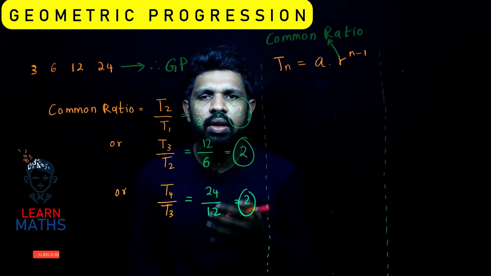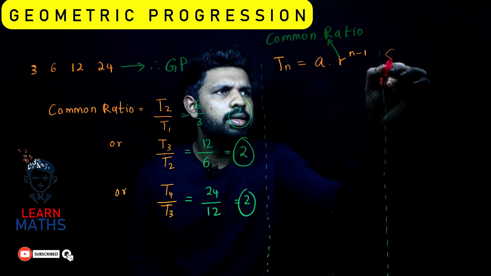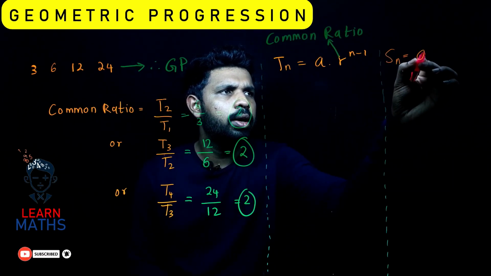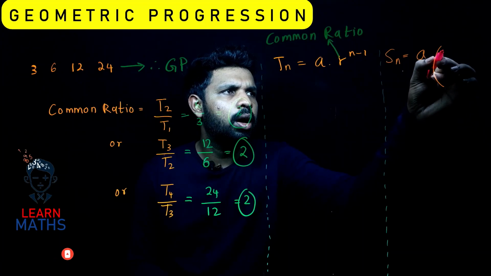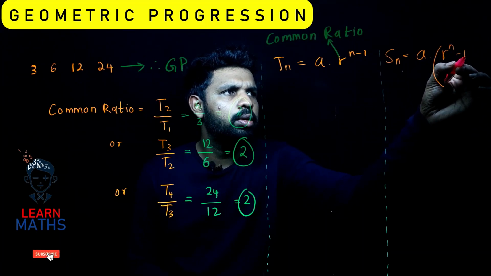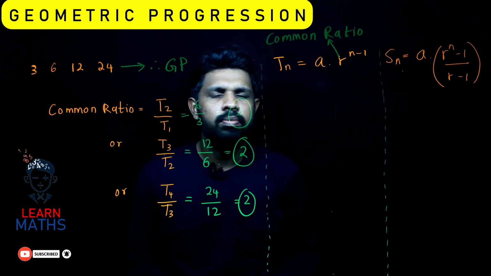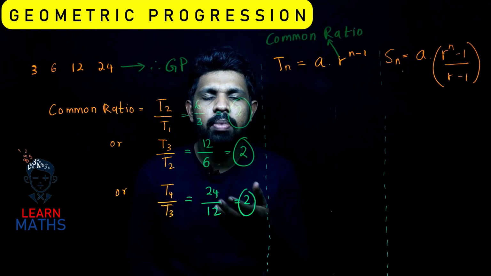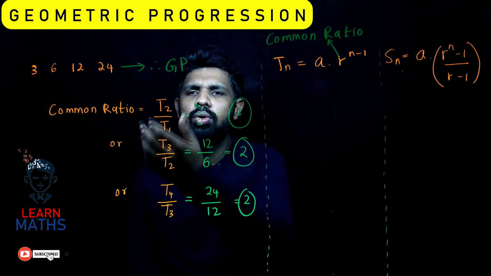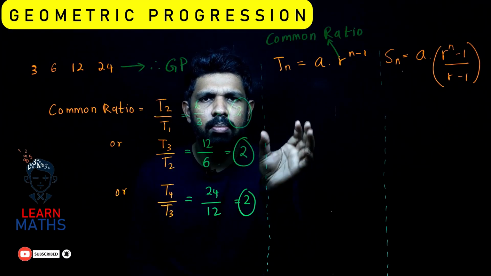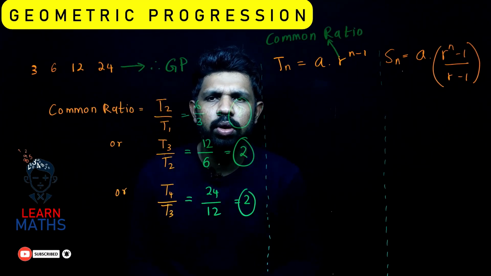And to find the sum, the formula is Sn equals A dot (R to the power n minus 1) over R minus 1. Using these two formulas, let's see how to find the 10th term of this progression and the sum of 10 terms in this progression.